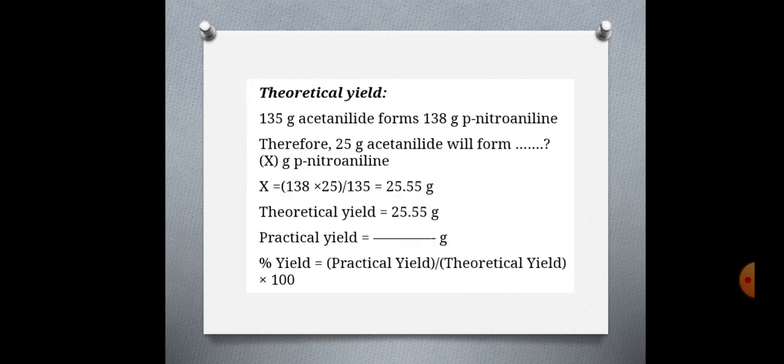How can we calculate the theoretical yield? 135 gram of acetanilide forms 138 gram of para-nitroacetanilide. Therefore, 20 gram of acetanilide will form 25.55 gram of para-nitroacetanilide. That's how we can find the theoretical yield.